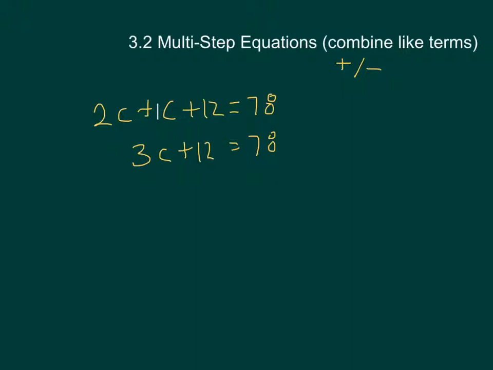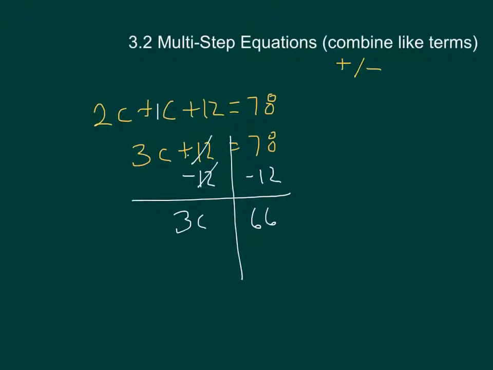I'm going to undo addition, then I'm going to undo multiplication. And this is where I make my little line, and I'm going to undo addition, subtraction first. This is addition, so I'm going to subtract the 12, and I have to do that to both sides. The 12s cancel, the 3c is left alone. 78 minus 12 is what, 66?